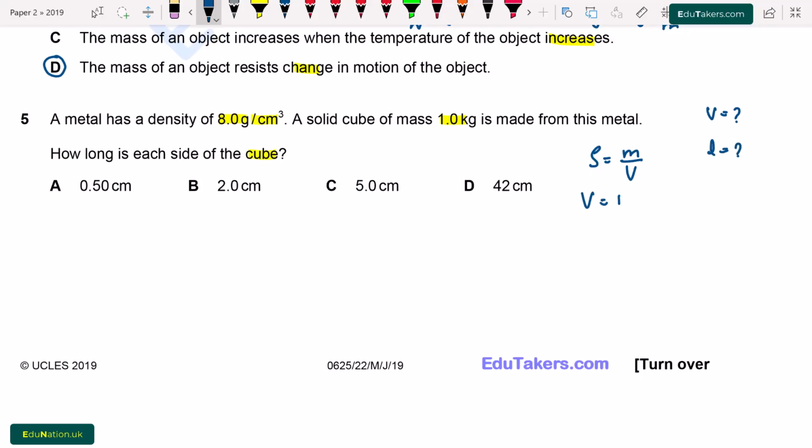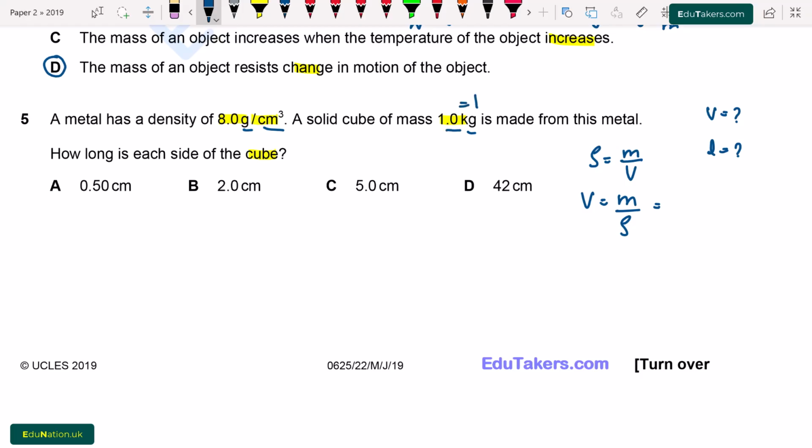So V is equal to mass over density. Mass is given as 1.0 kilogram and density is 8.0 gram per cubic centimeter. Here the units are different. We may convert 1.0 kilogram into gram, or the density into kilogram per cubic centimeter. So I just change 1.0 kilogram into gram.